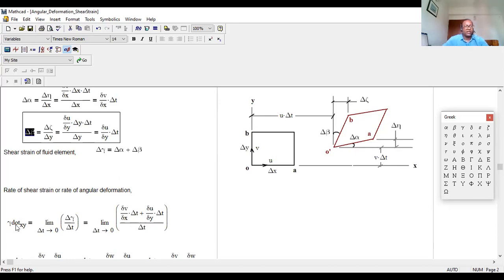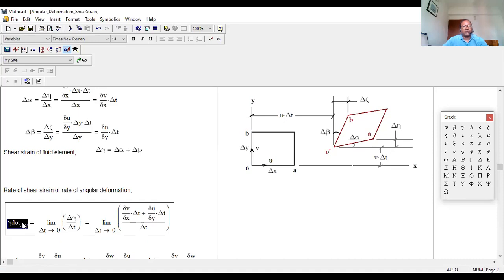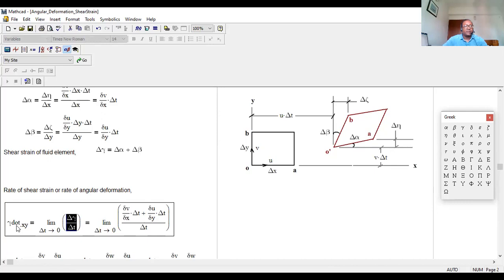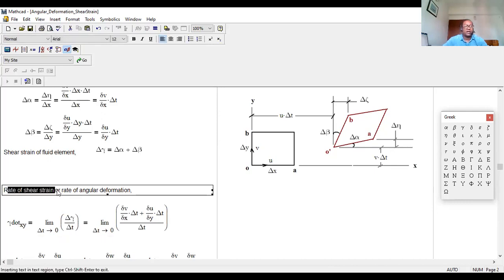So that means if I say angular deformation is gamma, I will say gamma dot xy. Why gamma dot? This is the angular deformation, amount of angle, and happening within what time? Within time delta t. So dividing by delta t, that will be strain rate, rate of shear strain or rate of angular deformation if you divide by the time.